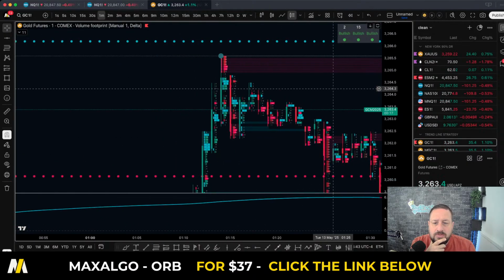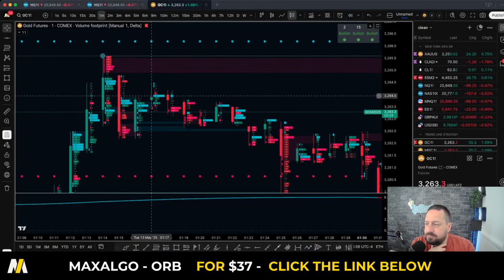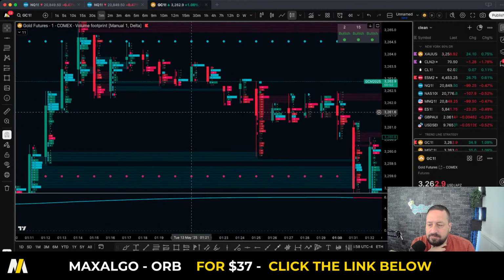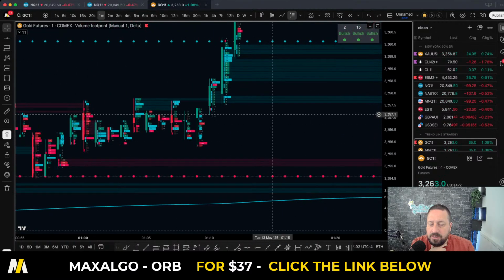That's a typical one. The only thing you'd have wanted with this is ideally the body of the candle to be lower, right? So to see those sellers step in right at the top of the wick, price pushed back down again. That's what we want to see. Buyers, sorry.